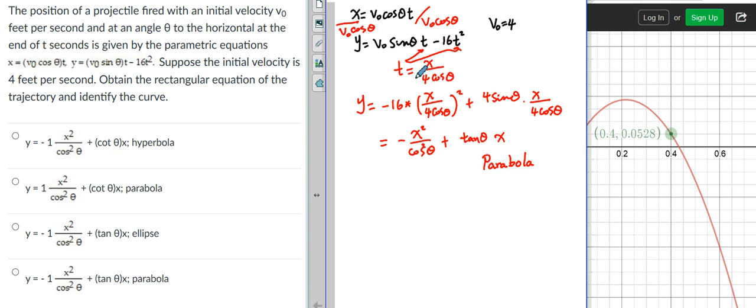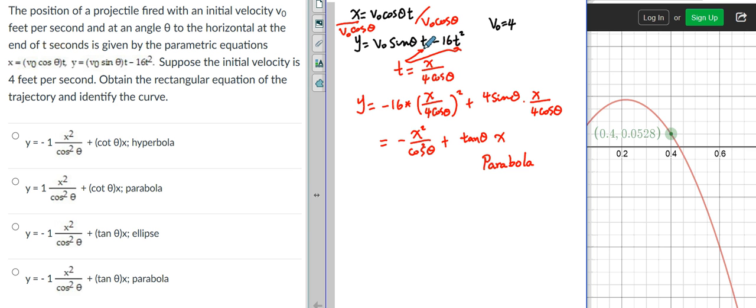On the right-hand side, v sub 0 cosine theta cancels, so t stands alone. When t comes out, we replace the t in the y equation with x over 4 cosine theta.